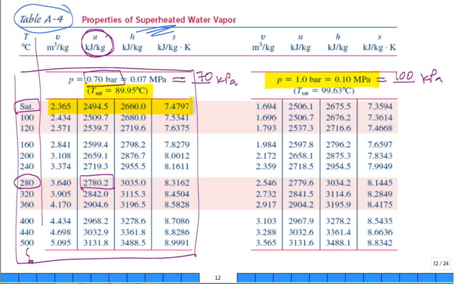Now, this pressure block over here has a different saturation temperature, doesn't it? But these are the saturation values for that temperature. Now, one of the things they did was they didn't repeat the temperature column. I don't know why, but they could have easily put 100 here, 120 there, and a SAT there. But they didn't. So you kind of have to look and say, what is the temperature for this one right here?